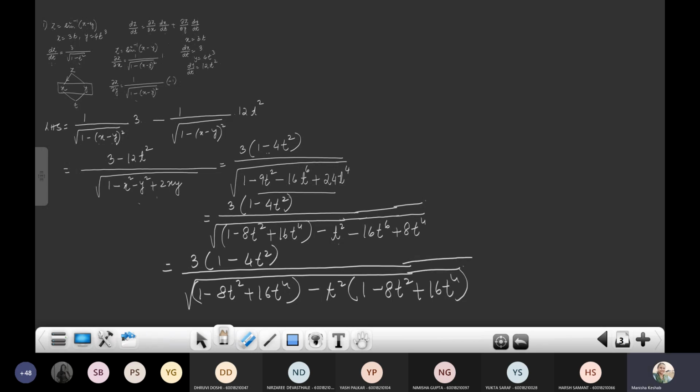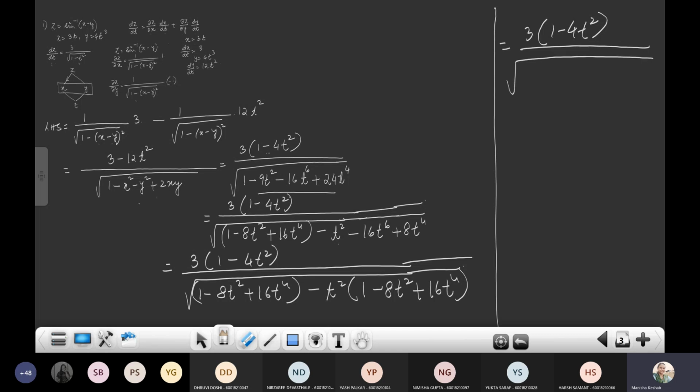Okay. So which is equal to, now you can write 3 into 1 minus 4t square divided by root of, now this is nothing but 1 minus 4t square whole square, and then we will be left with 1 minus t square. So this part is gone now.